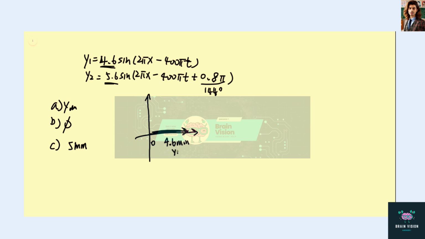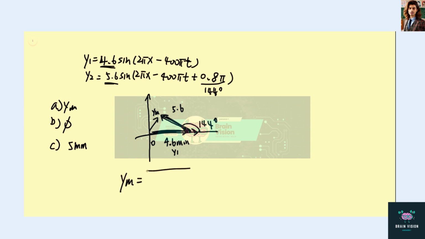This is y1. It would be something like this. So this is 144 degrees. This is 5.6. And then the ym will be, so use our vector addition technique.